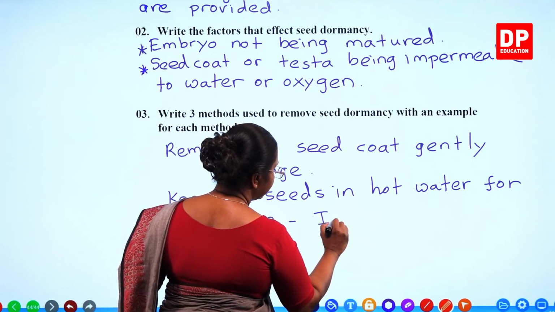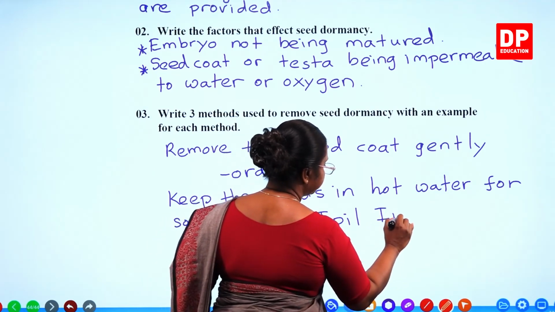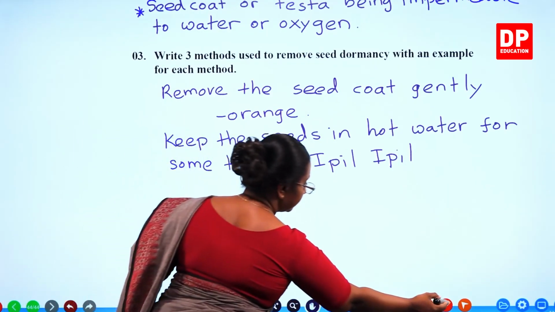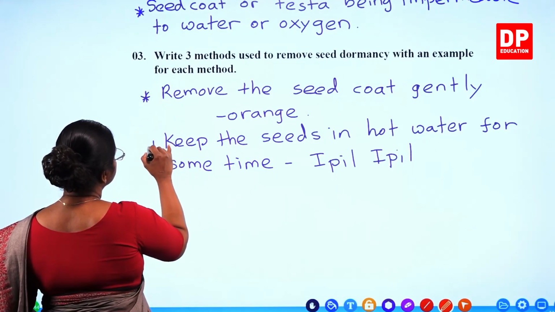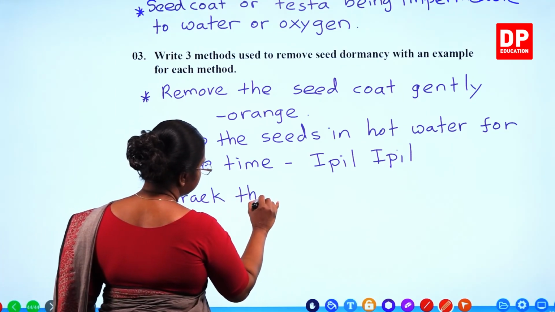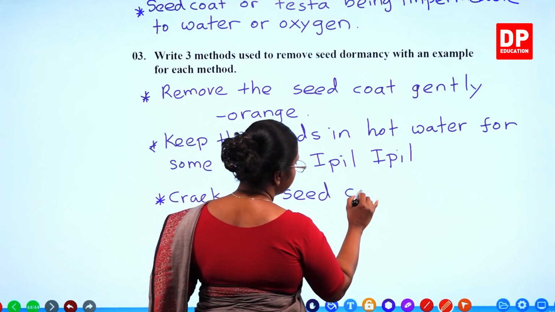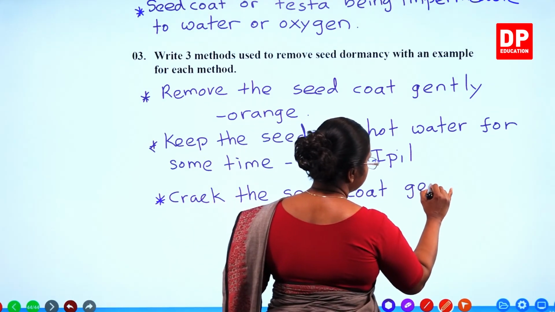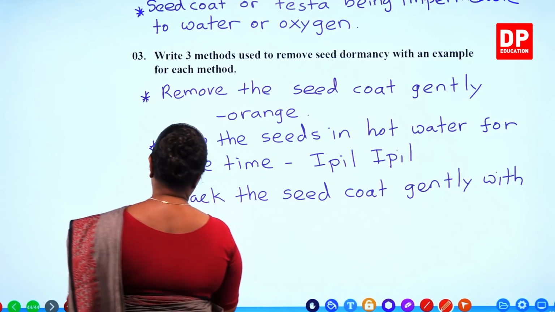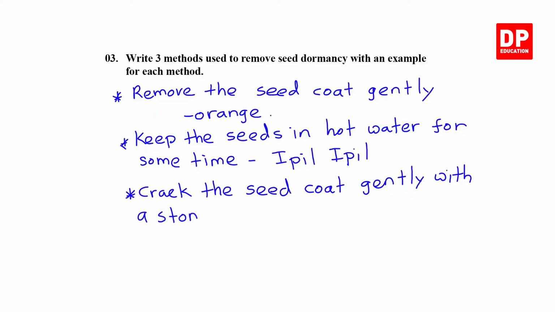That can be done with ipil. Then the next method, crack the seed coat gently, maybe with a stone. That of course is optional. That can be done for Nelly. So these are 3 methods.